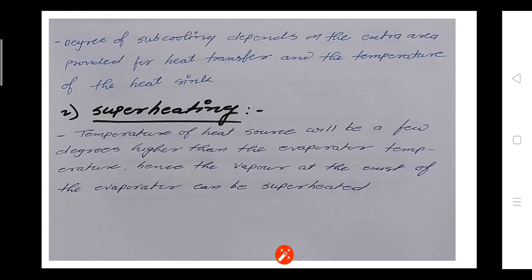Why? Because a temperature difference is required. If the temperature of the condenser and the heat sink is the same, there is no heat transfer, there is no heat rejection in the condenser. Okay, you can do the subcooling up to greater than the heat sink temperature.